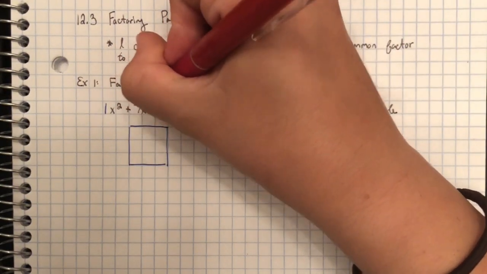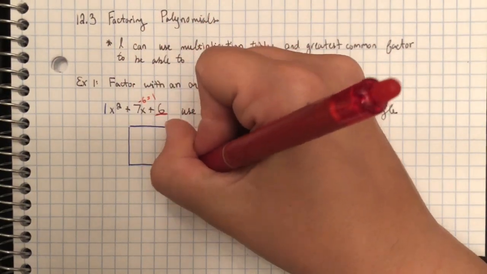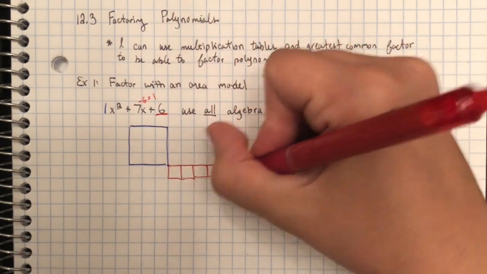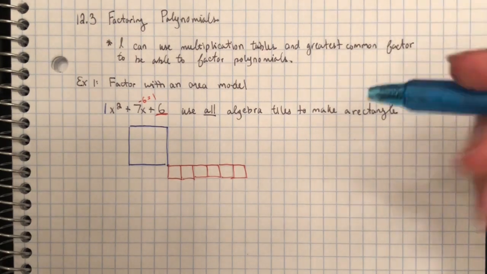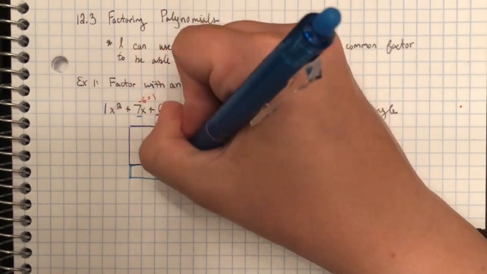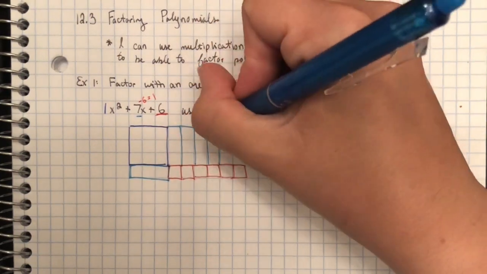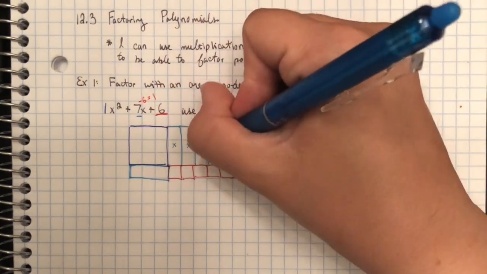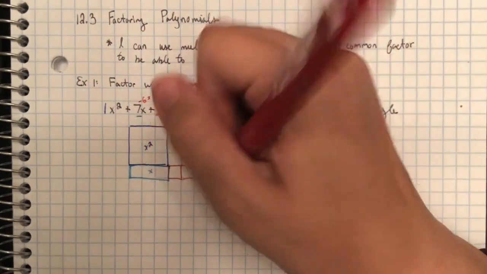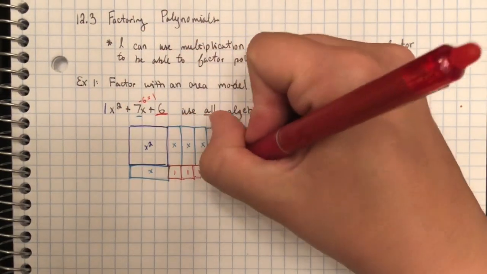So I'm going to start with my large square. I only have one. I know I have 6 small units. And looking at my middle term, 6 units by 1 unit is going to give me what I need to fill in those x tiles and have a complete rectangle image.